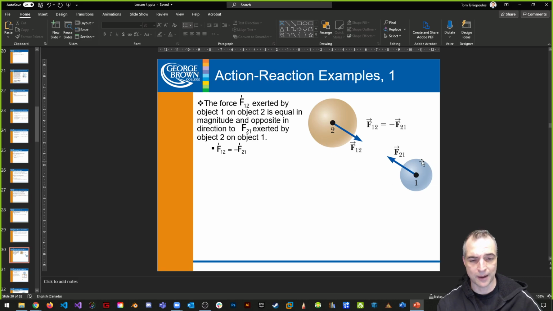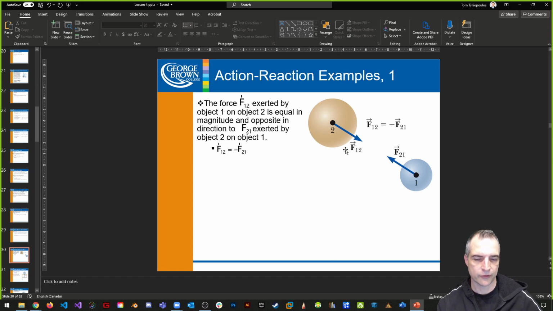Because remember, objects want to stay at rest or keep moving in the same direction by Newton's first law, right? So when these things collide and the third law takes place, object 1 is going to move in the opposite direction.